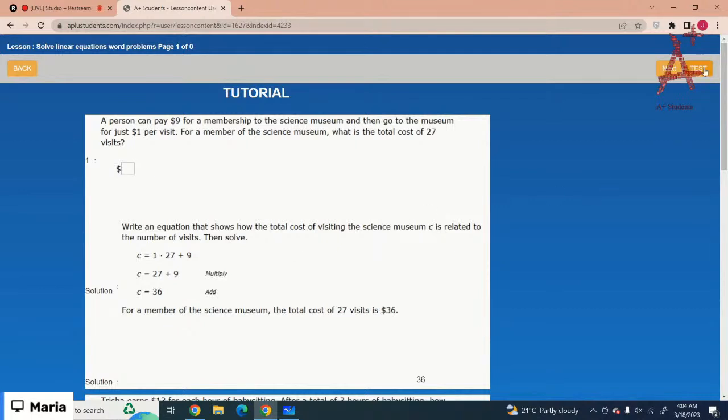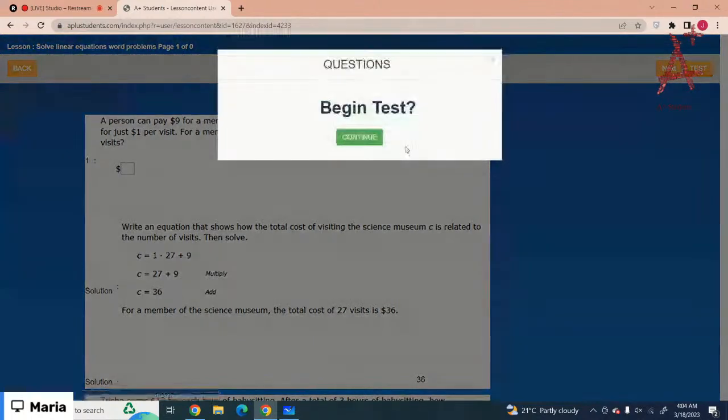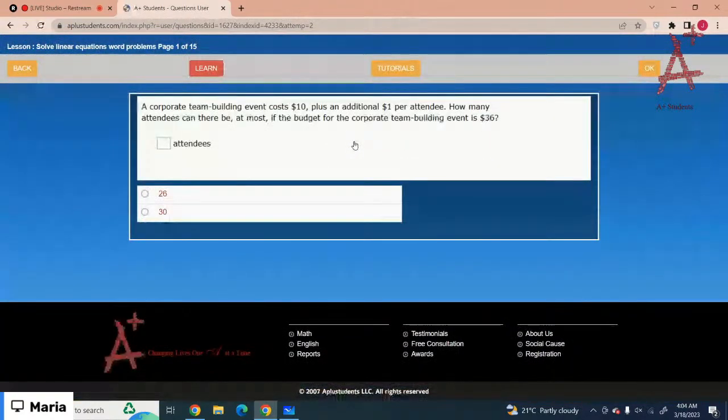Let's start with the practice questions. A corporate team building costs $10 plus an additional $1 per attendee. How many attendees can there be at most if the budget for the corporate team building is $36? So we have to write down the equation first and then solve.